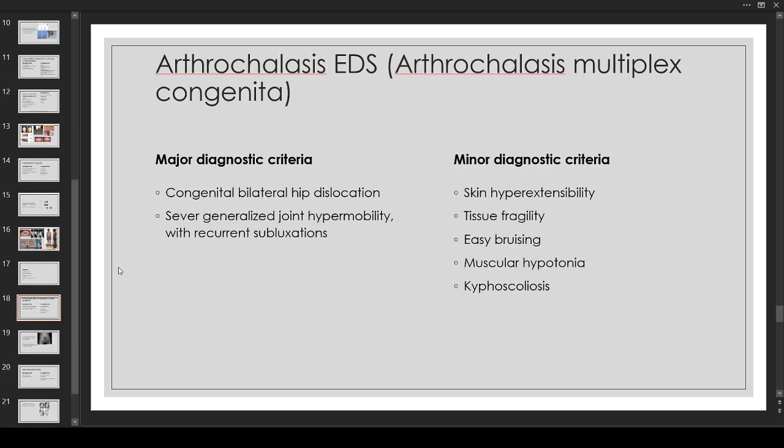Arthrochalasia EDS type, and it is basically the dislocation of hips at birth. That is better explained by an example.